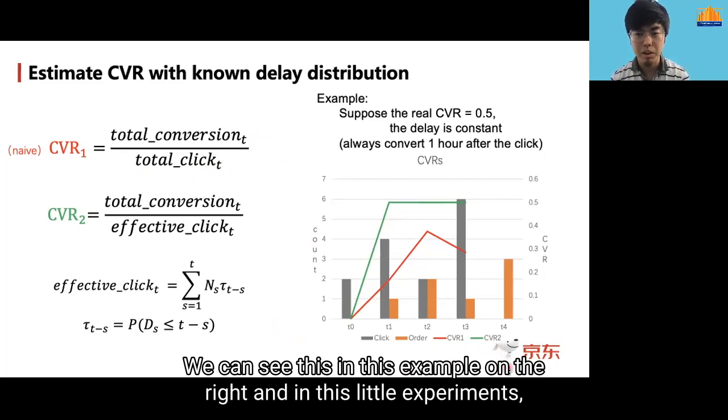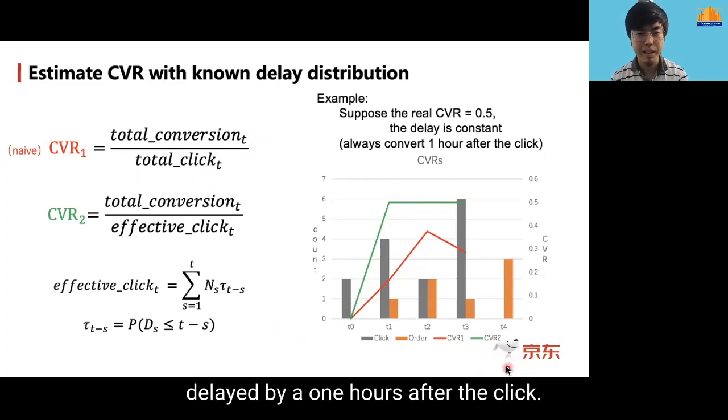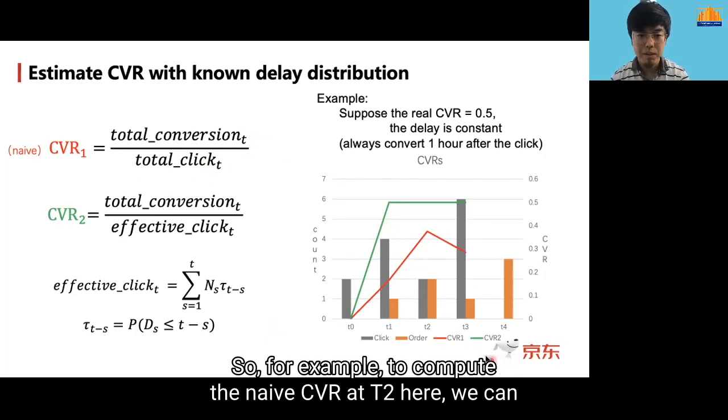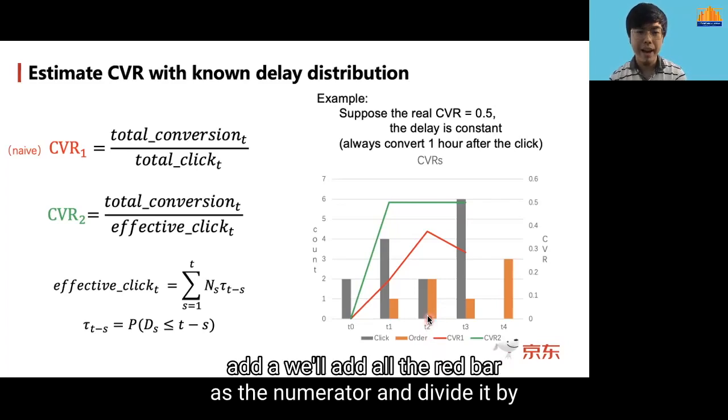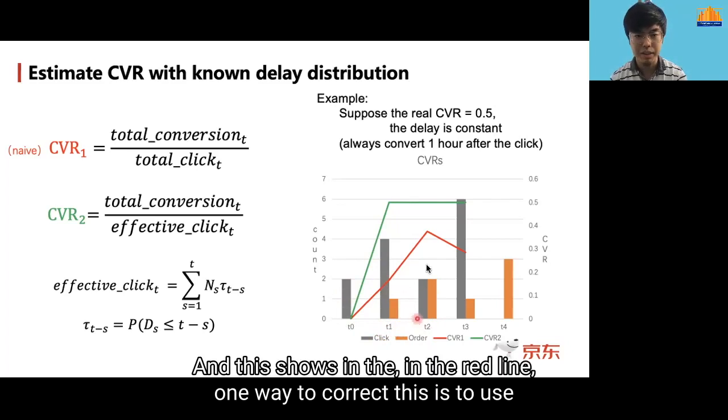In this little experiment, we have a real CVR equal to 0.5, and assume that the conversion is always delayed by 1 hour after the click. For example, to compute the naive CVR at T2 here, we add all the orange bars as the numerator and divide by all the gray bars as the denominator. So clearly it's underestimating, and this shows in the red line.